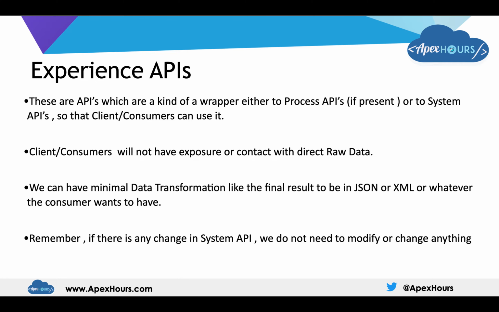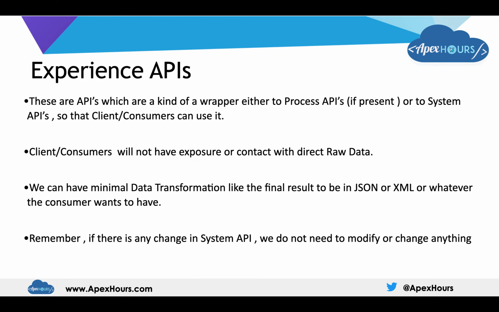Now we have two different system APIs and one process API. Still we are not exposing these to the client because of the best practices we are following. So now we have to expose one API to the client so that he can access the underlying systems' data. So we create another API which, in our case, talks to the process API. The process API is internally talking to the system APIs.